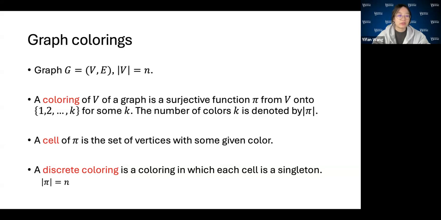A cell of a coloring is the set of vertices with a given color, or a given integer. A discrete coloring is a coloring in which each cell is a singleton. That means each cell contains only one node, and the total size of the partition is equal to the number of nodes n. Sometimes we also use partition to denote the coloring. I will use both of them in the following slides.